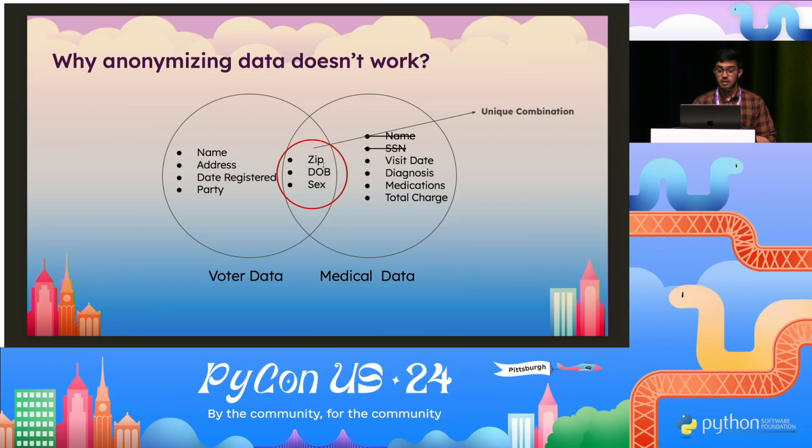So out of the control of the medical data set, there was some other existing data set which was able to link rows between these two data sets. And this is a real example in which the governor of Massachusetts had his medical data leaked to the public because of these three attributes also being present in the voter data set.